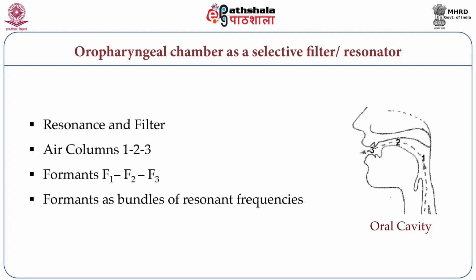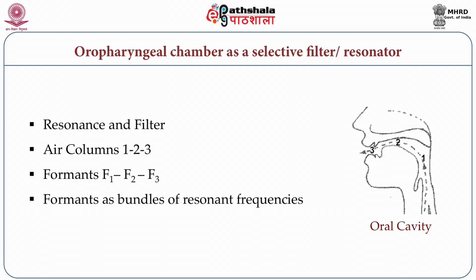From the glottis, from the larynx, to the place where articulation is happening, or where the tongue takes a certain position to change the oral configuration, you find this is one chamber, and the frequencies which find resonance because of this kind of air column are F1, the first formant.